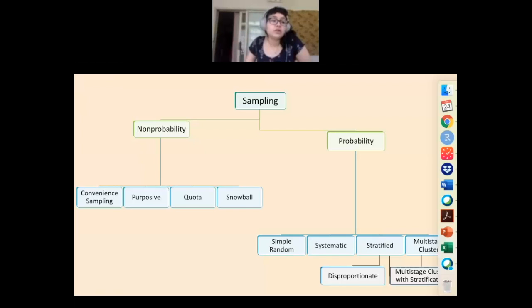And so I just wanted to give you guys sort of a diagram of how these are all connected. You see here that multi-stage clustering with stratified is connected to both of these. It's sort of a mix of probability sampling, and these are non-probability sampling.